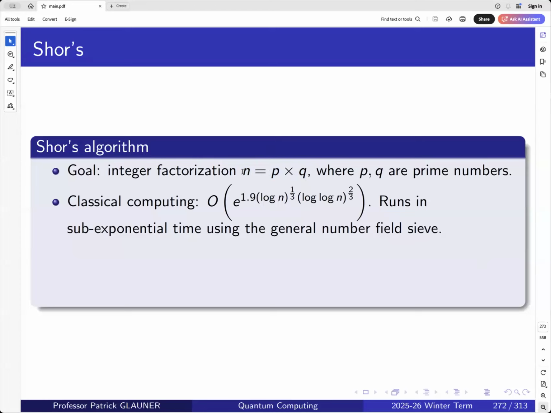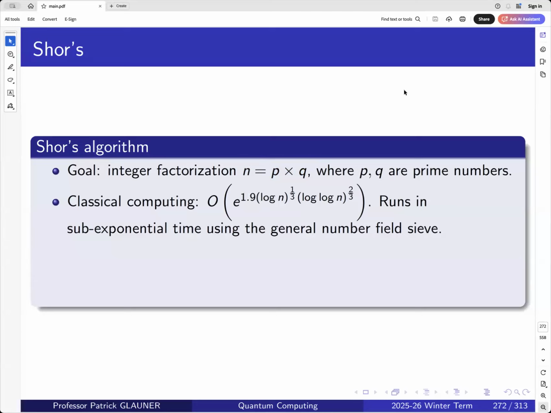Now if we have n, which is a very large number, the product of two large prime numbers, we want to do a factorization and figure out what n is made of, which are these two prime numbers. In classic computing, this takes a lot of time.